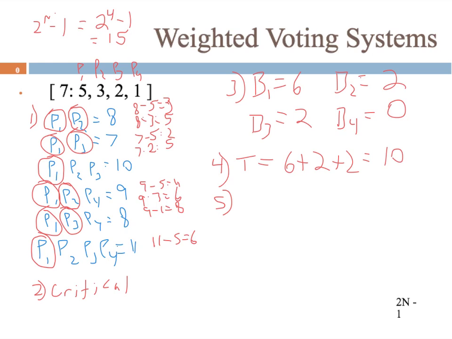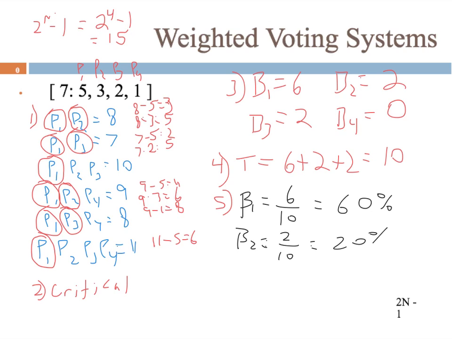Last step. So we're going to find the distribution by getting the power index for each player. For player 1, we're going to refer to that as beta 1, so different than B1. We'll take the number of times they were critical, so 6, out of the total amount of times that we had critical players, so 6 out of 10, so just a simple 60%. Beta 2 is going to be 2 times out of 10, so 20%.